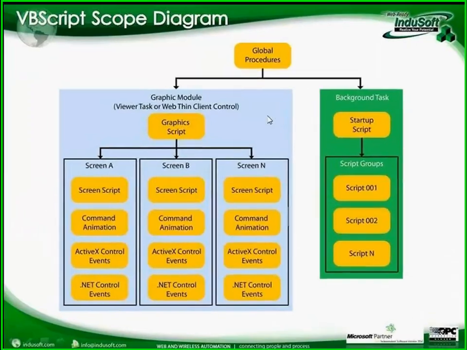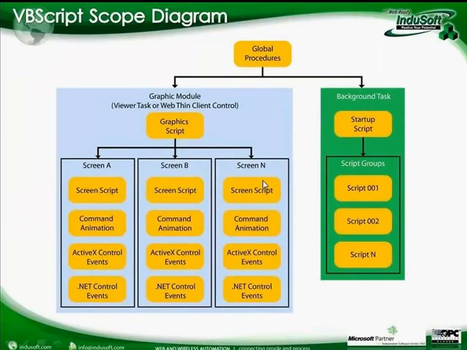So we have all those interfaces where I can write scripts using the standard VBScript interface. But how do they connect to each other? Can I call one script from another one? Can I share variables? And this diagram pretty much answers this question.